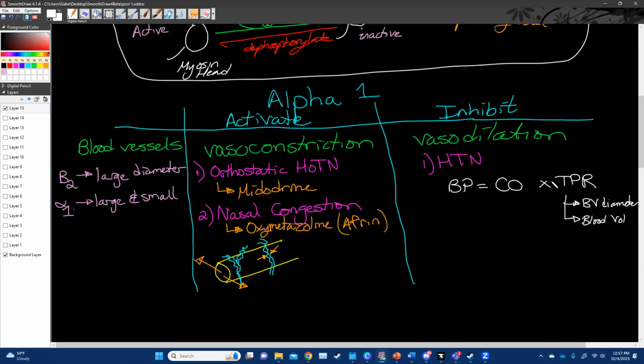And so what we're doing here is we're increasing the diameter, which is going to drop the resistance and drop the blood pressure. And that's really what the use of an alpha-1 antagonist is going to be in terms of the blood vessels, sort of an adjunct to hypertension treatment.